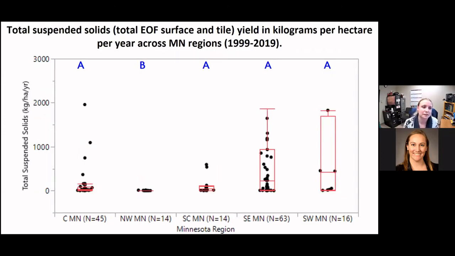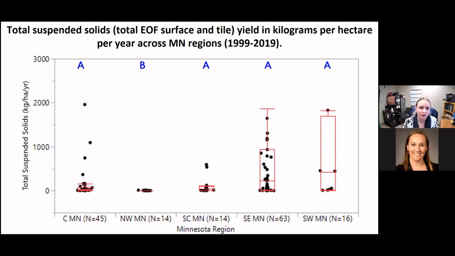Total suspended solids in total edge of field surface and tile yield in kilograms per hectare per year across Minnesota regions across 1999 to 2019. We see along the y-axis here 0 to 3,000 kilograms per hectare per year.